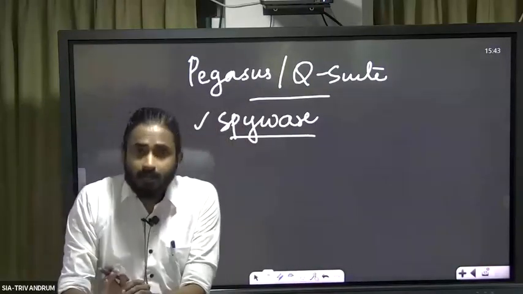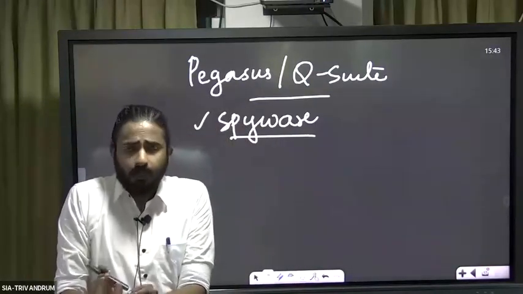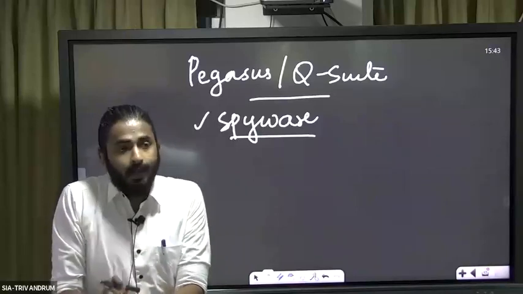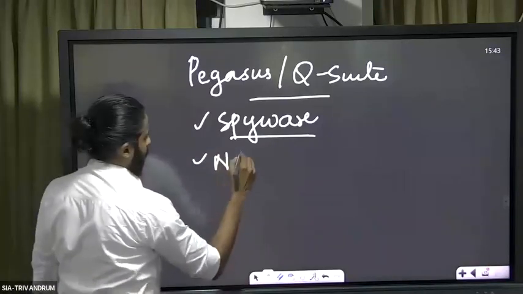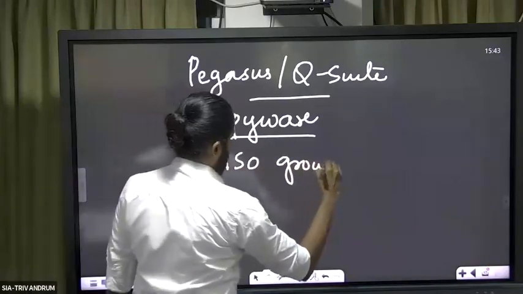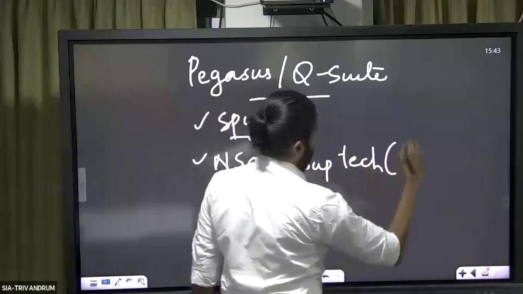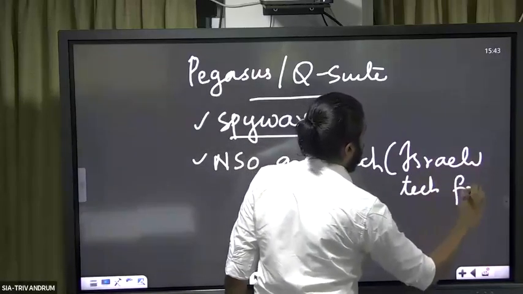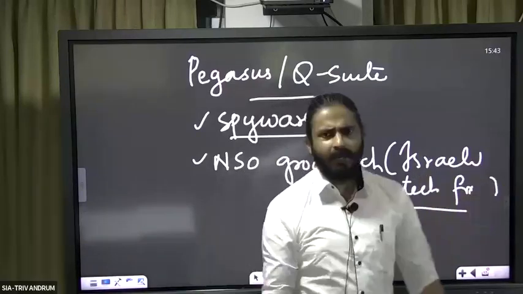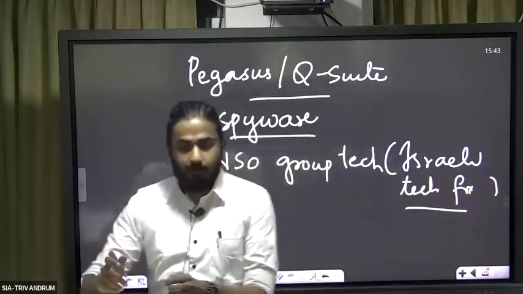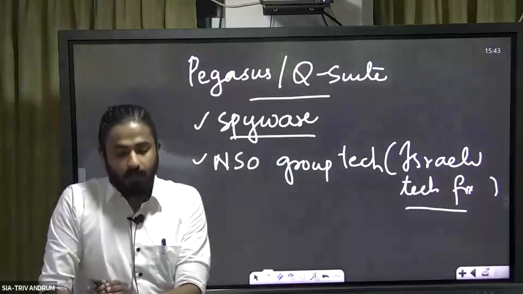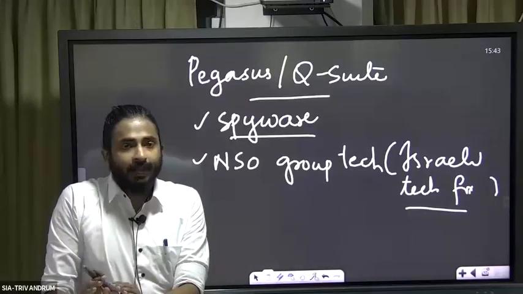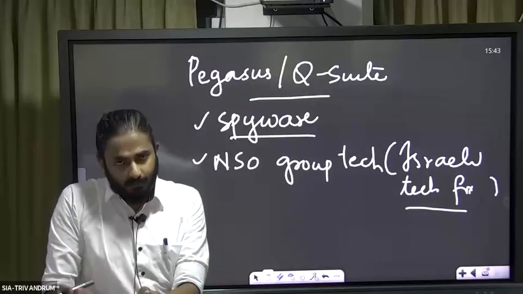So this is actually developed by and marketed by an Israeli technology firm called NSO Group Technologies. So this is an Israeli technology firm. I think a group by military veterans of Israel. They have developed this company called NSO Group Technologies, and they have developed this spyware.